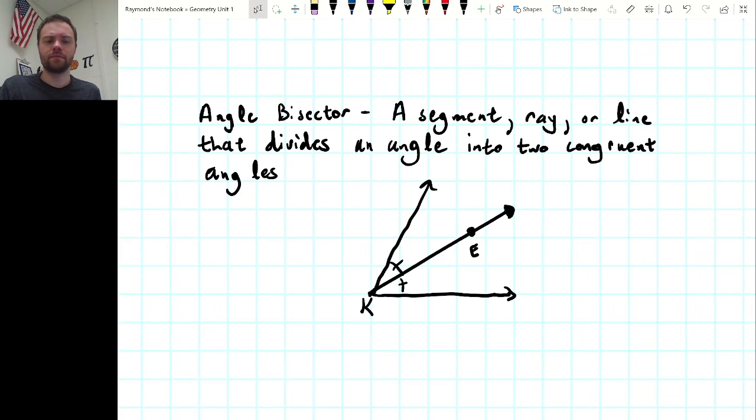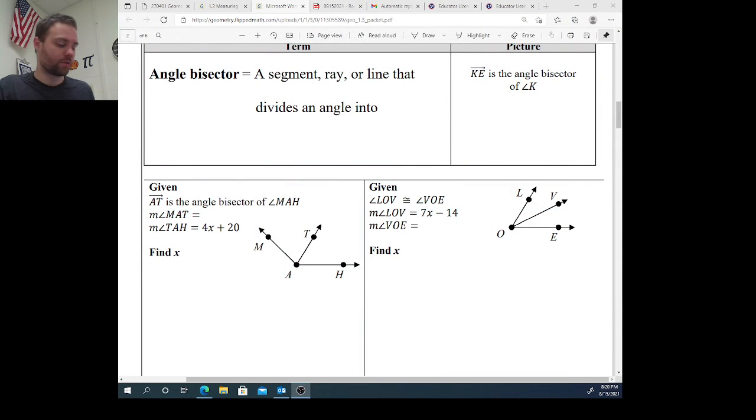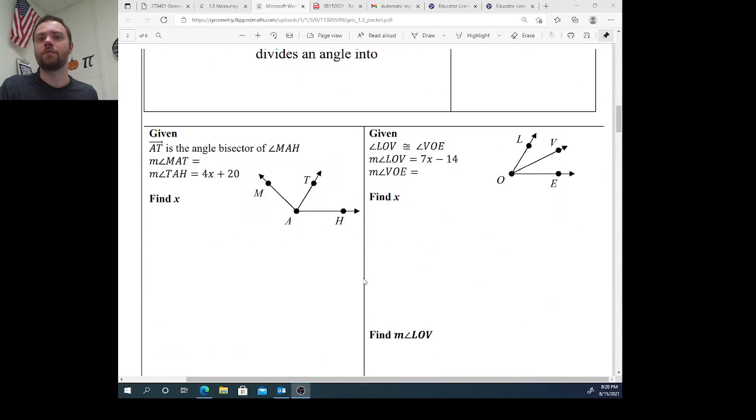Okay. So now we get into the pretty algebra.